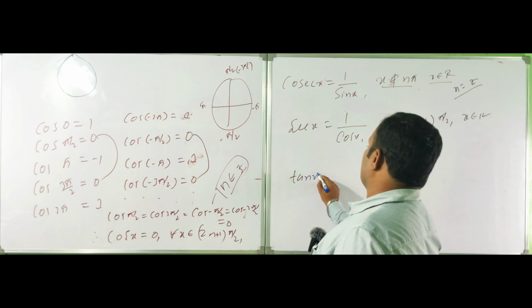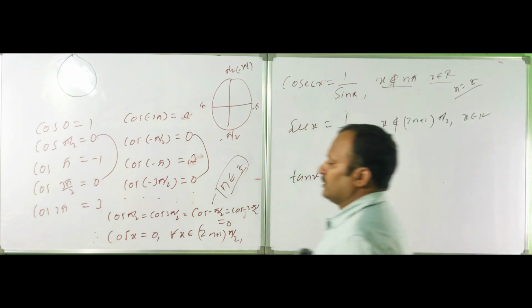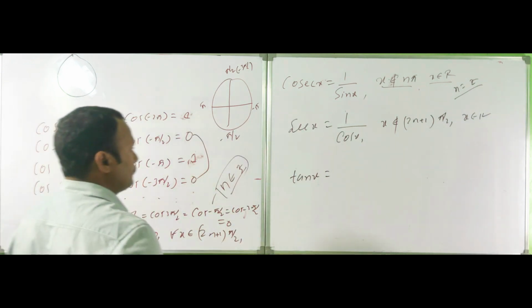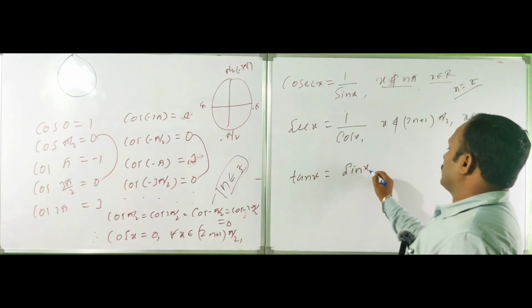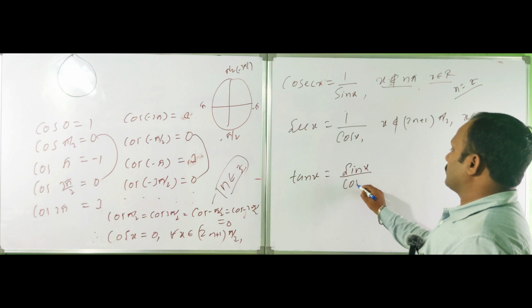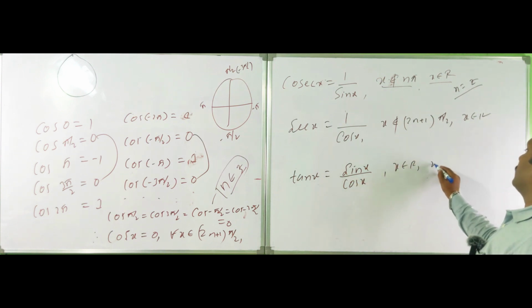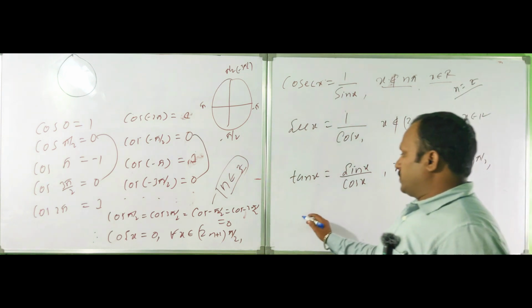Next, tan x is a ratio function, and so is cot x. Tan x is equal to sin x divided by cos x, for x belongs to R and x does not belong to (2n+1) multiples of pi by 2, where n is an integer.